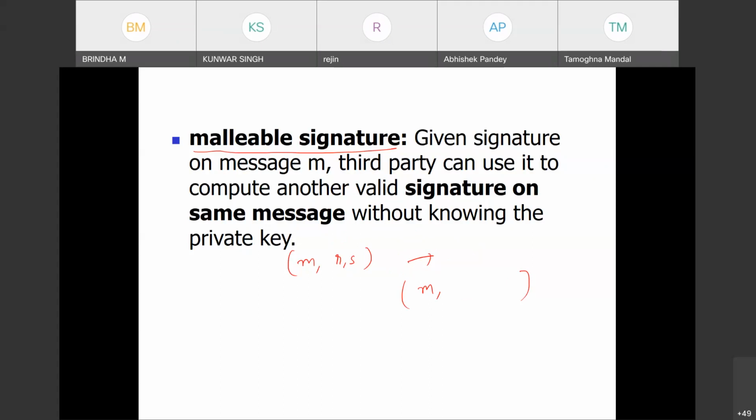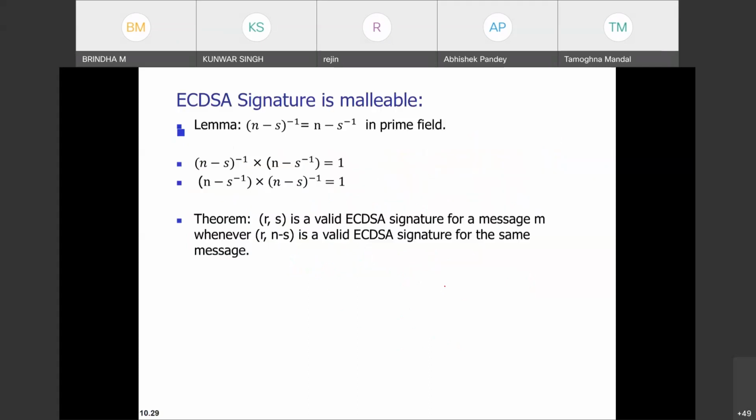Is that clear? So you know the signature on M, and now you can produce another signature on M without the private key. You can do it simply. There is one lemma: the inverse of n minus s is n minus s inverse. You can see that n minus s inverse into n minus s will be 1.